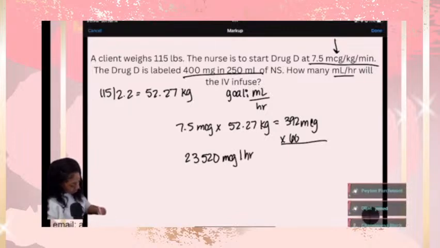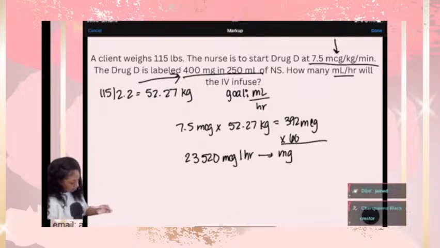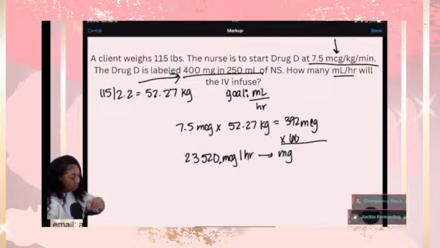So our medicine is available in milligrams. So now we need to convert micrograms to milligrams. So we'll divide that by 1,000. Or you can move your decimal place 3 to the left. Little to large, left; large to little, right.